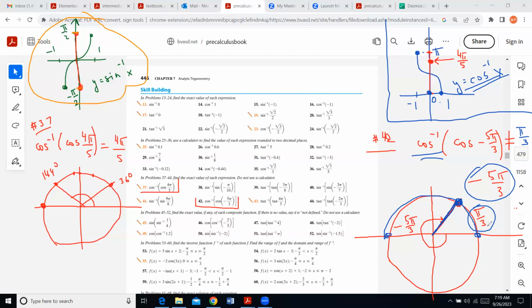Analogous with exercise 40, with arc sine of negative 3 pi over 7, is that going to be within the range? I think so, because notice that 3 pi over 7 is going to be less than pi over 2. You might ask, how did you know that?